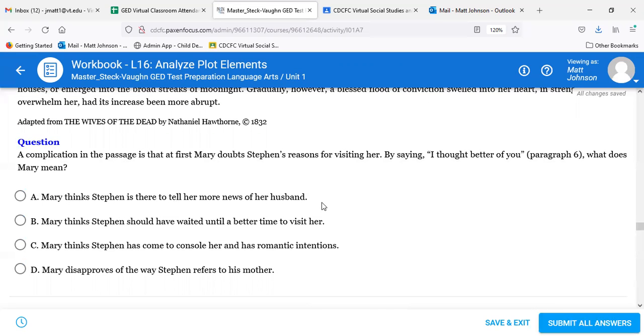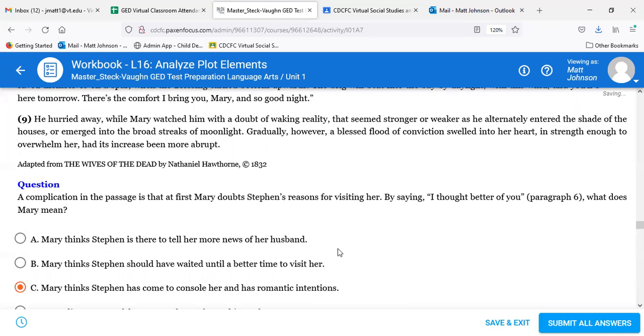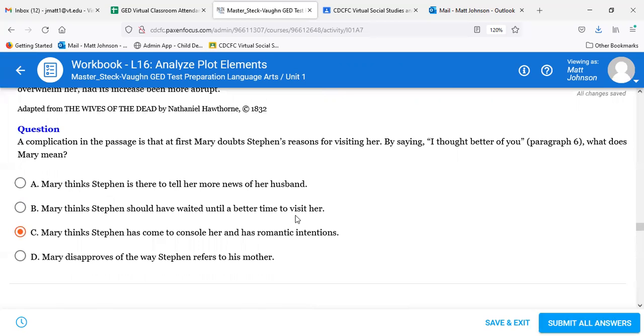So C, right? Where she says, "I thought better of you." So it sounds like Stephen just got off the ship, went home, heard that Mary's husband was dead, and just thought he would go pay her a visit.